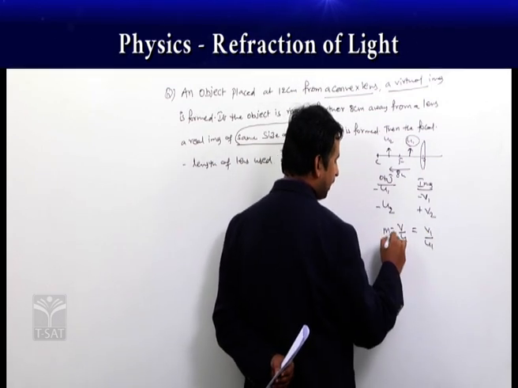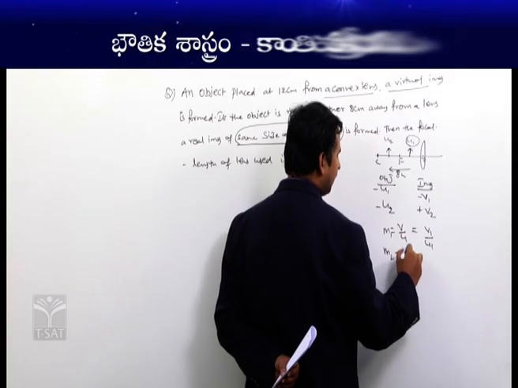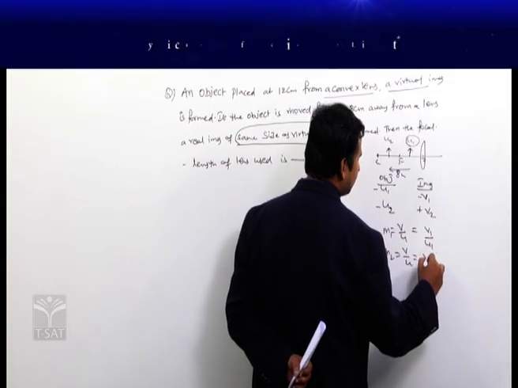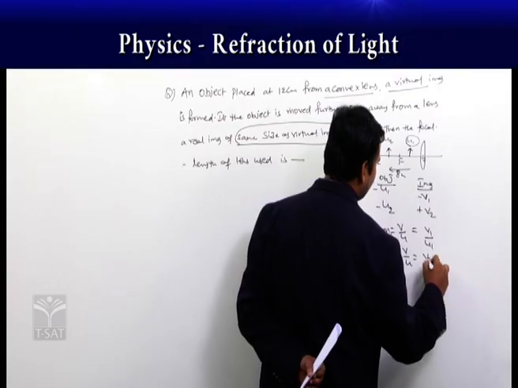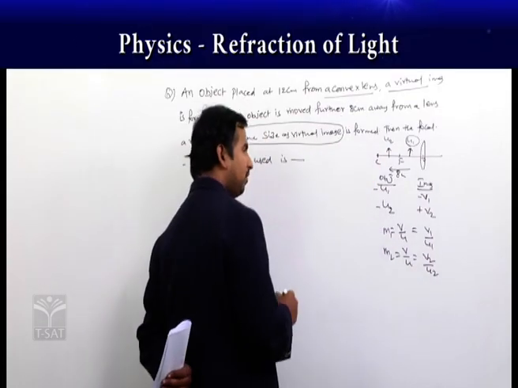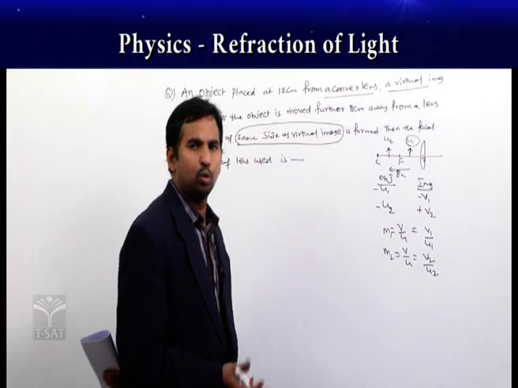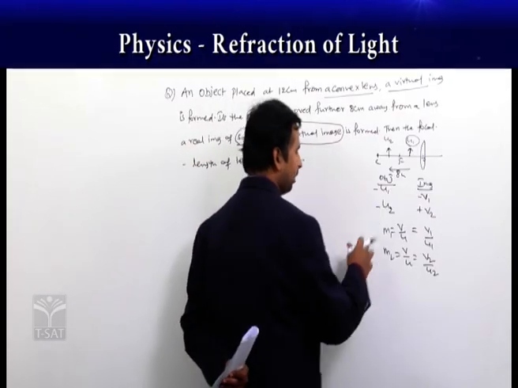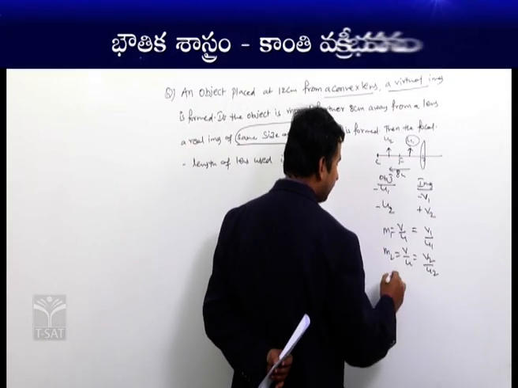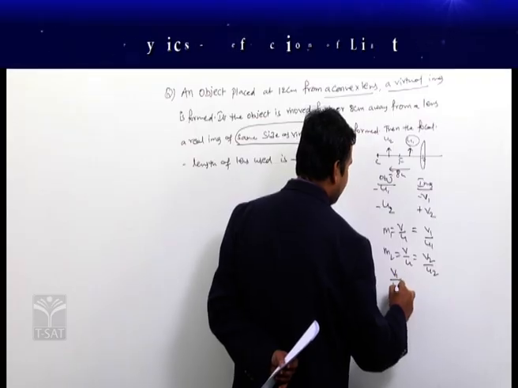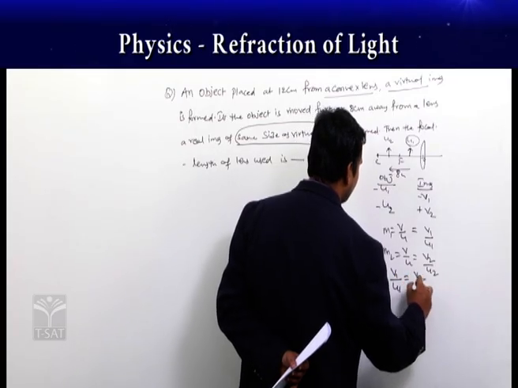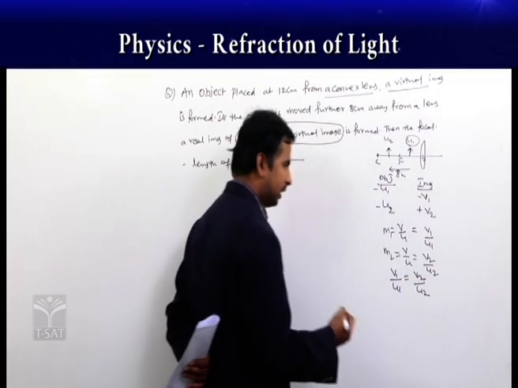Whereas in the second case, M2 is equal to again V by U, where V is V2 and U is U2. And given that M1 is equal to M2, both cases have the same type of image, meaning the magnifications are equal here. So V1 by U1 is equal to V2 by U2.